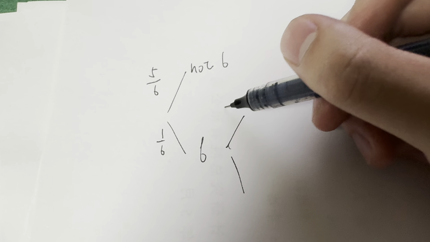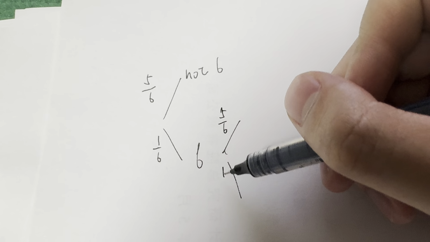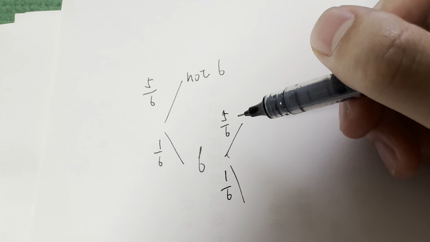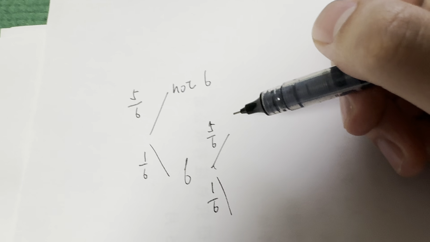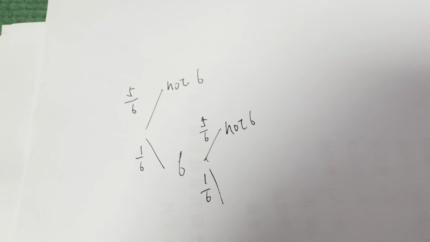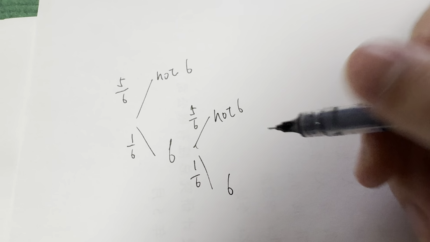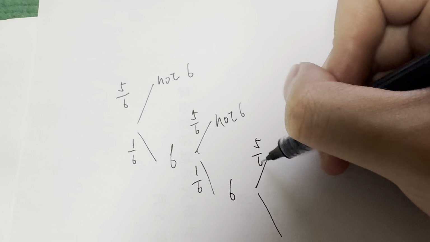So we only discuss the case where the first time is 6. Again there is 5/6 probability of not getting 6, and 1/6 of getting 6, and we continue.